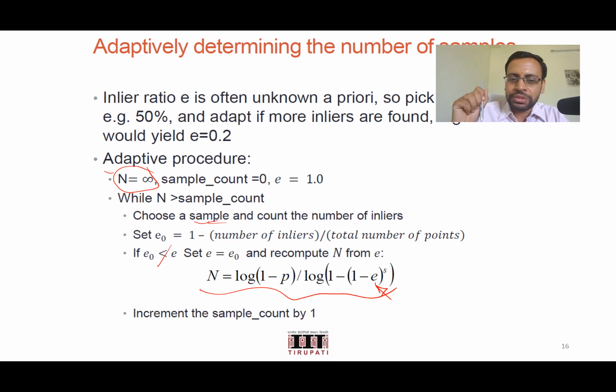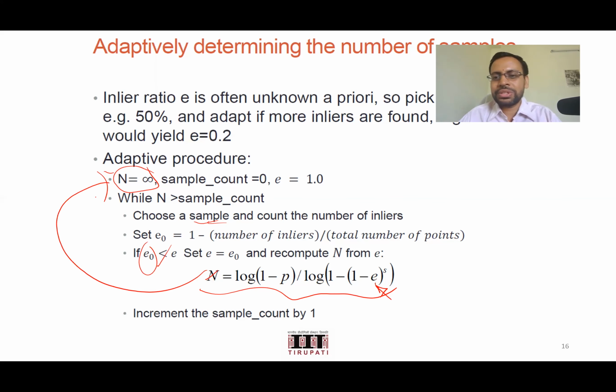And if that percentage of outliers is less than the previous outliers, given by e naught, then you replace your e naught value with this, and accordingly calculate n, and you update that n value here, and that would reduce or adaptively adjust the number of times you need to conduct this experiment.